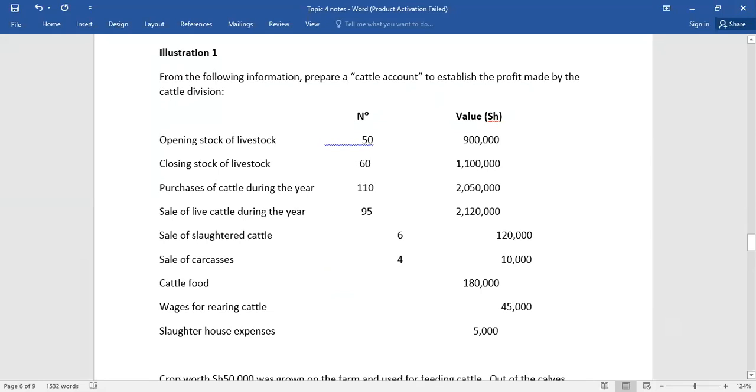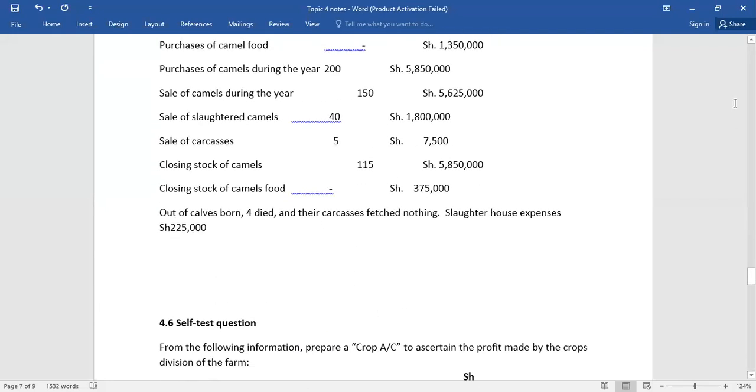So you can see, somewhere we expect that there were some cows that were either purchased or there were some cows that gave birth to calves. That's what will make the closing inventory go up. Then you have the purchases of the cattle during the year, and so on. And you've been asked to prepare a cattle account.